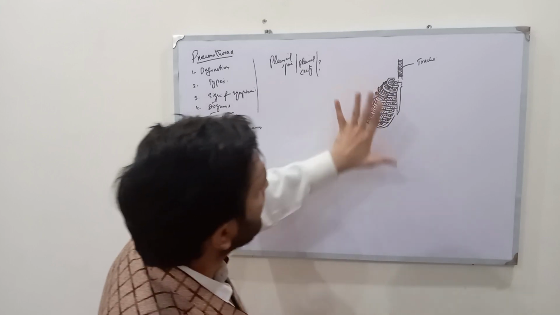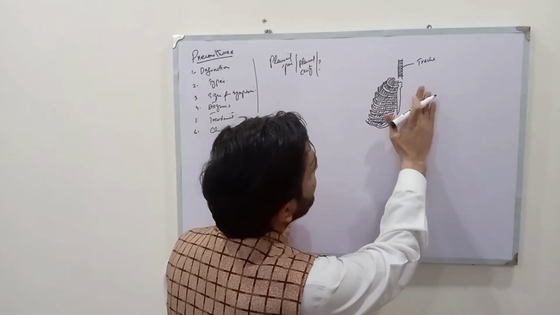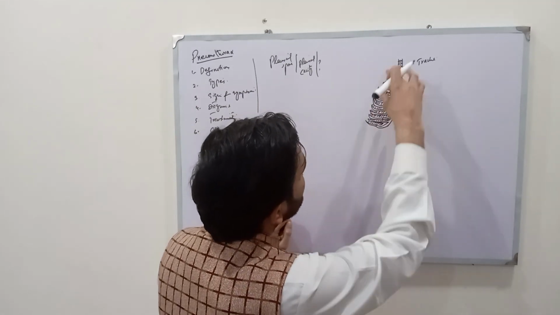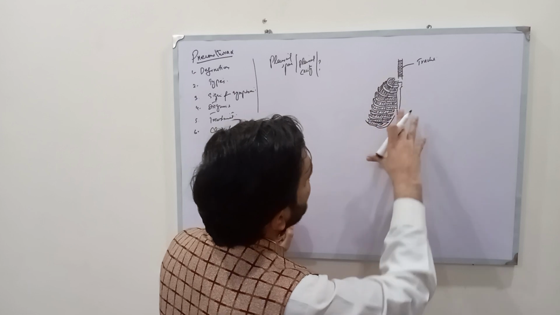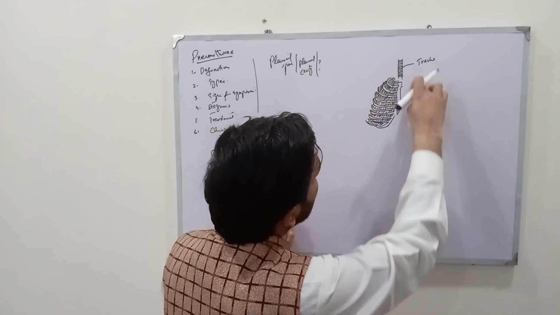Behind these ribs are present lungs. On this side, I am removing these intercostal muscles and ribs and making only cross sections of ribs and lung.